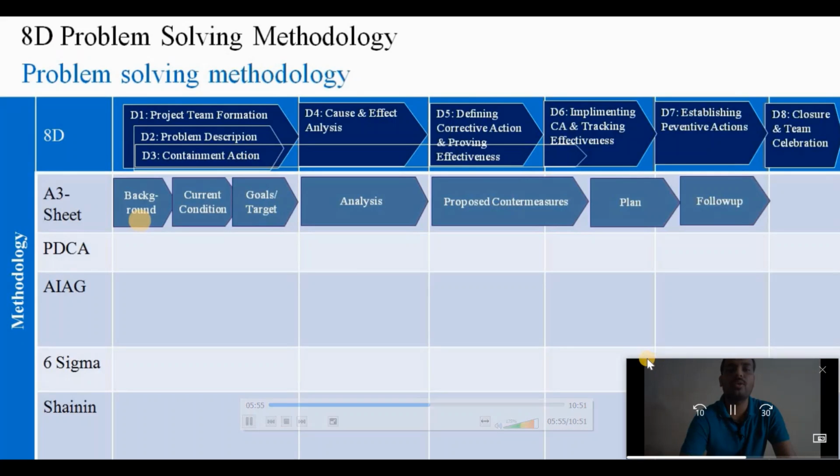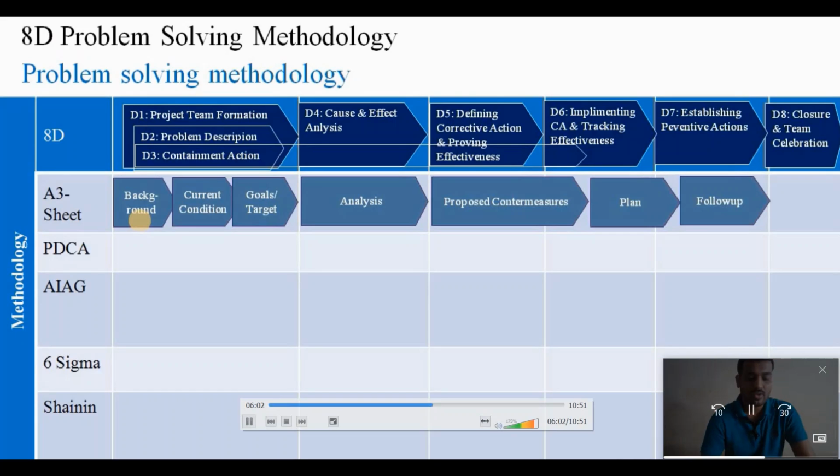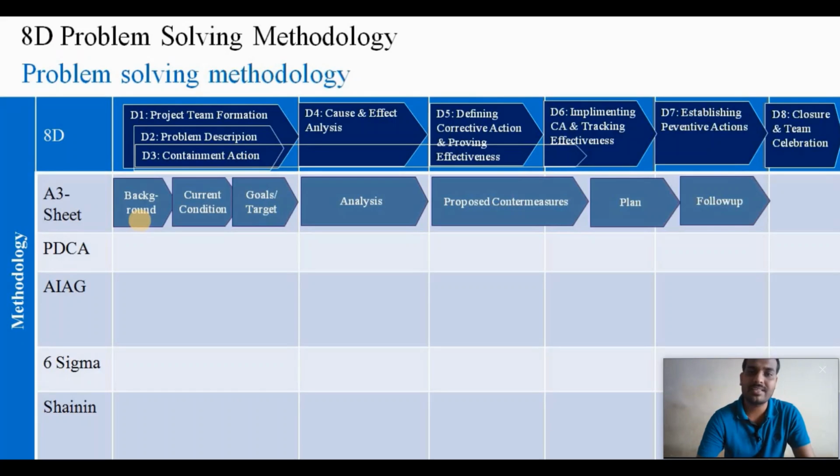Like this you have to give the background of selection of the problem or project. Then the second phase is the current condition of the problem, how much percentage defect is there, what is the current OEE percentage, what is the current time for the changeover. Like this you have to mention the current state of the problem in the second phase.